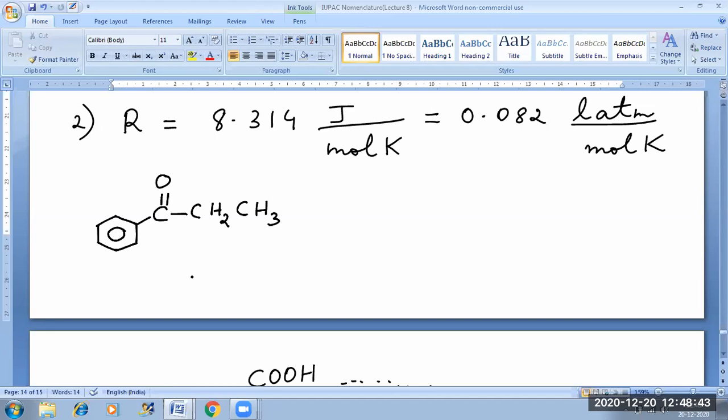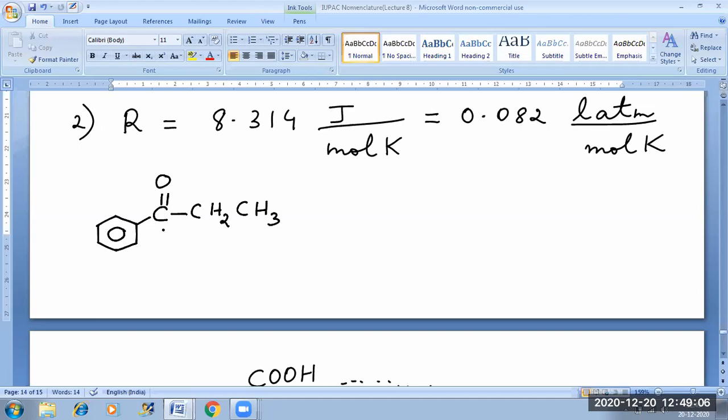But that ketone carbon is connected to the benzene ring. The ketonic carbon is connected to the benzene ring, and there is no other principal functional group present.